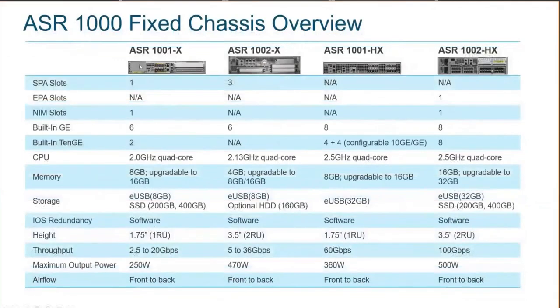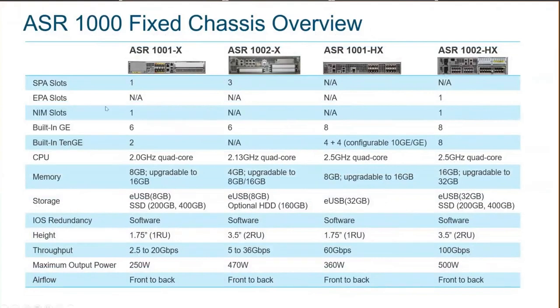This is the fixed chassis section. So we have 4 different chassis here: 1001X, 1002X, 1001HX, and 2HX. There are 2 others, but they are near end of life. They are 1001 and 1002. So these are comparatively newer products.